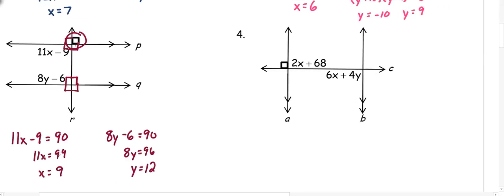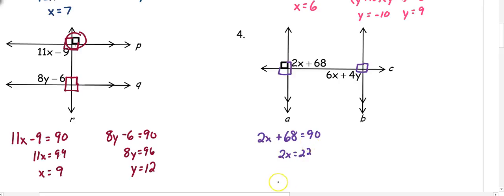In number 4, we have the same thing with our picture just turned. So because there's a right angle here, all of those angles are right angles. And because A and B are parallel, all of these are also right angles. So we have 2x plus 68 equals 90. We can subtract 68 from both sides and get that 2x is equal to 22.